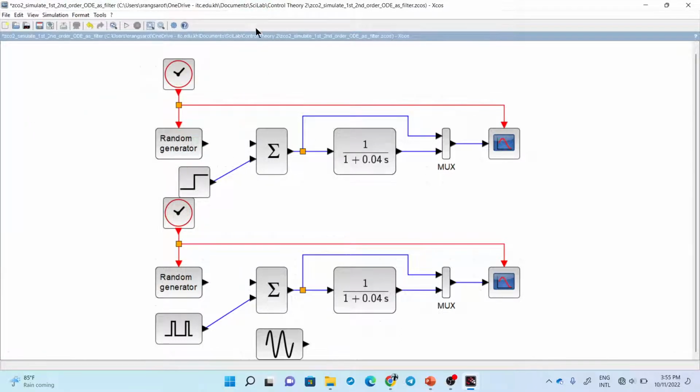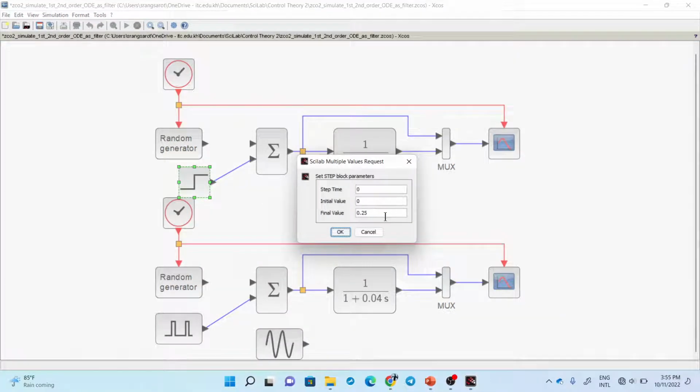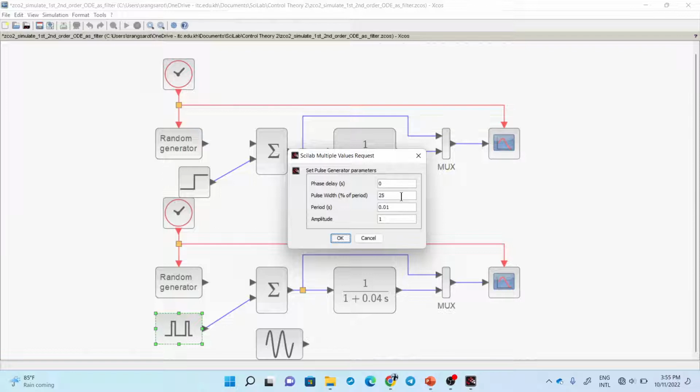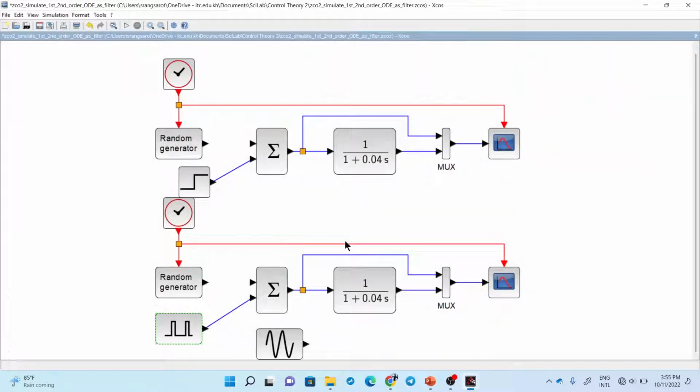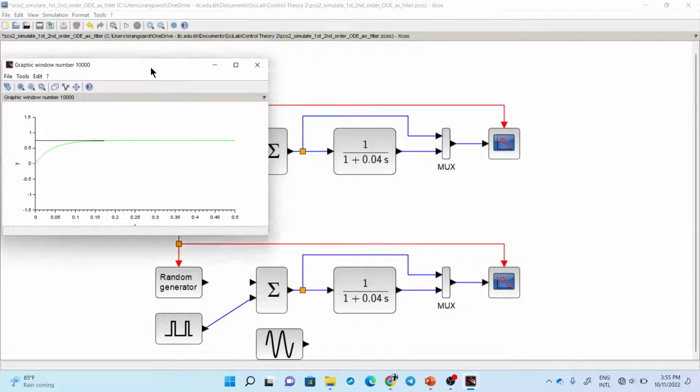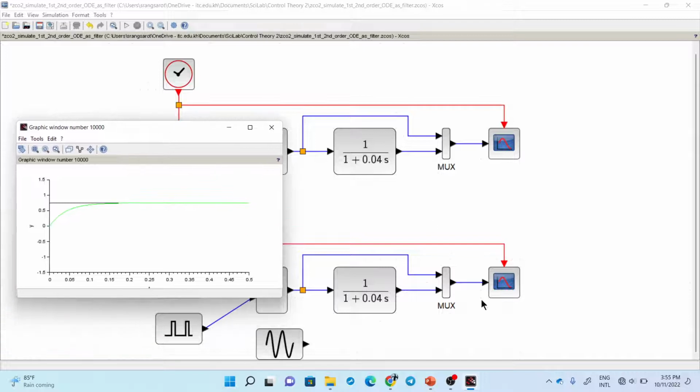Okay. Maybe it's easier to see if I use 75%. Okay, 0.75. And this one also 75%. Where is the percentage here? Okay, and then look at the result of these two.